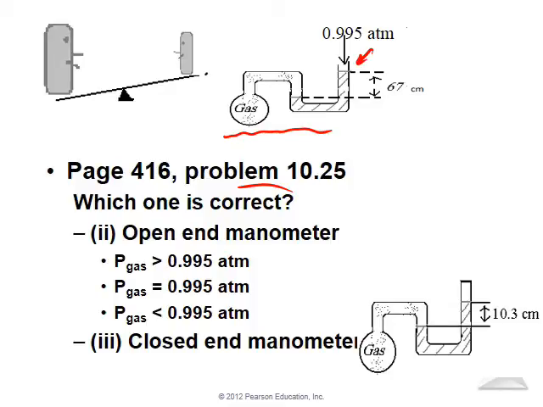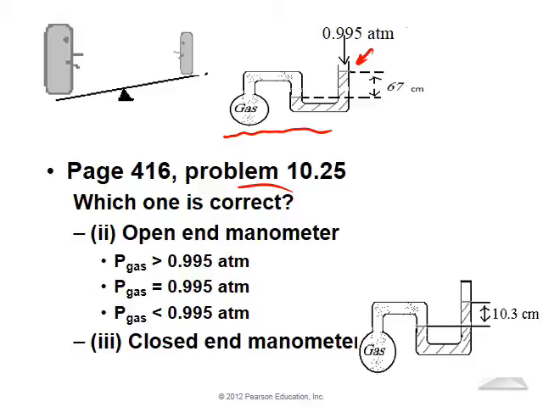In other words, on that end, we'd expect atmospheric pressure. Atmospheric pressure is given to be 0.995 atmosphere. Also, we know the difference in the height of mercury on the right side to left side is 67 centimeter. Now, the question is, what is the pressure of the enclosed gas sample?